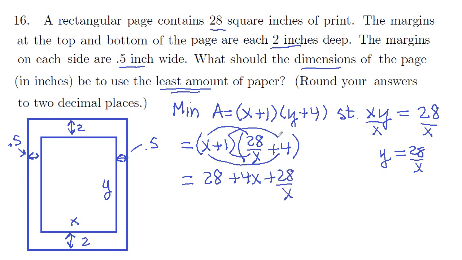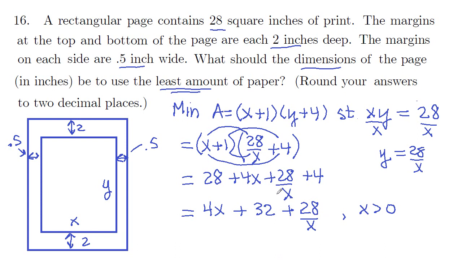And then last terms, 4. So we can rewrite that as 4x plus 28 and 4 is 32, and then plus 28 over x. So we want to minimize that. And of course, our domain here is going to be x greater than 0.